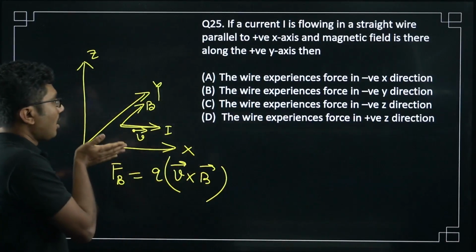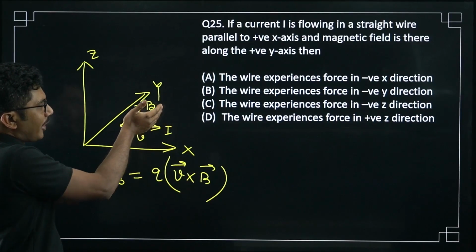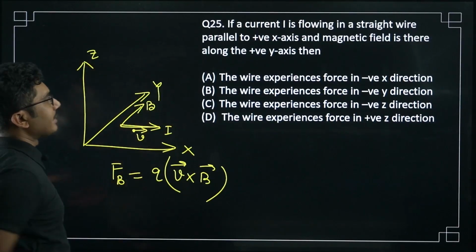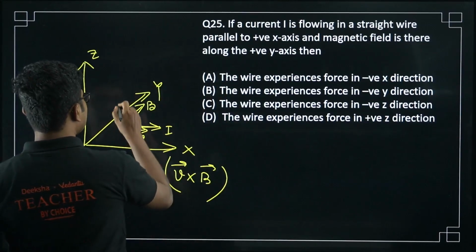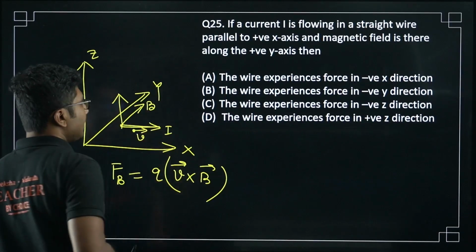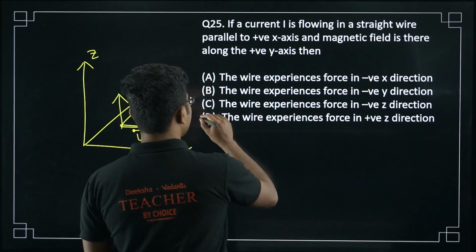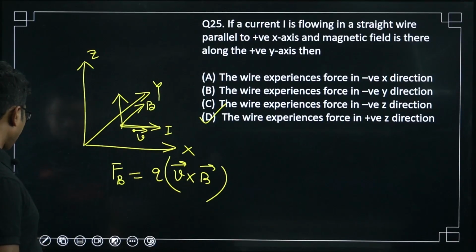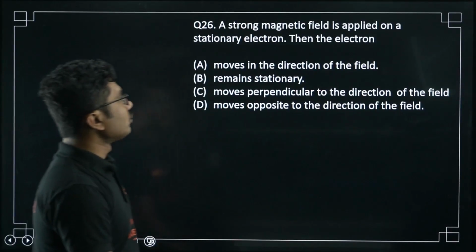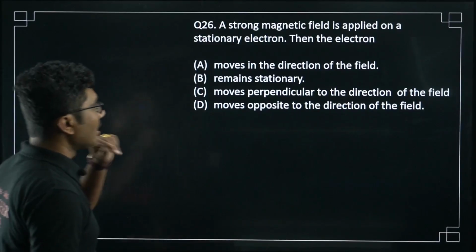You start with V because V comes first, then you point towards B, so that you get the direction of the ultimate vector. So the ultimate vector will be in the positive Z direction. So the wire experiences the force in the positive Z direction. Clear?